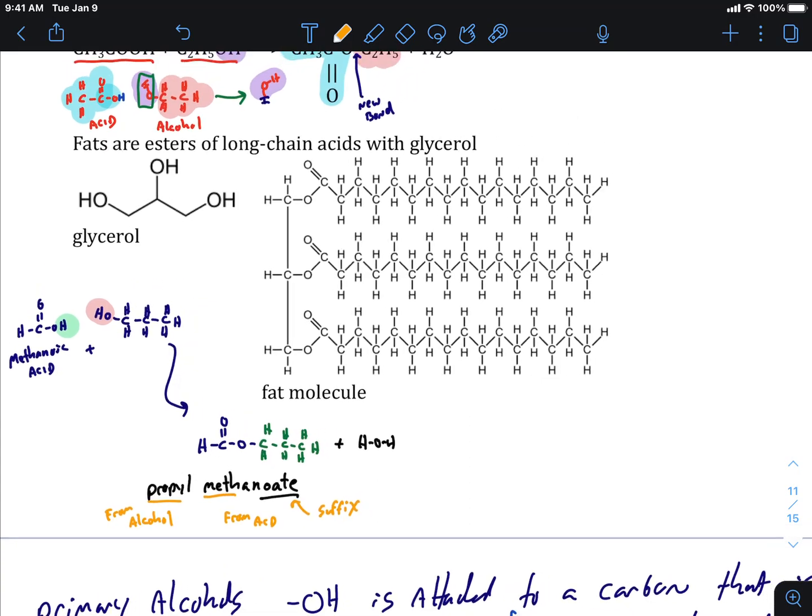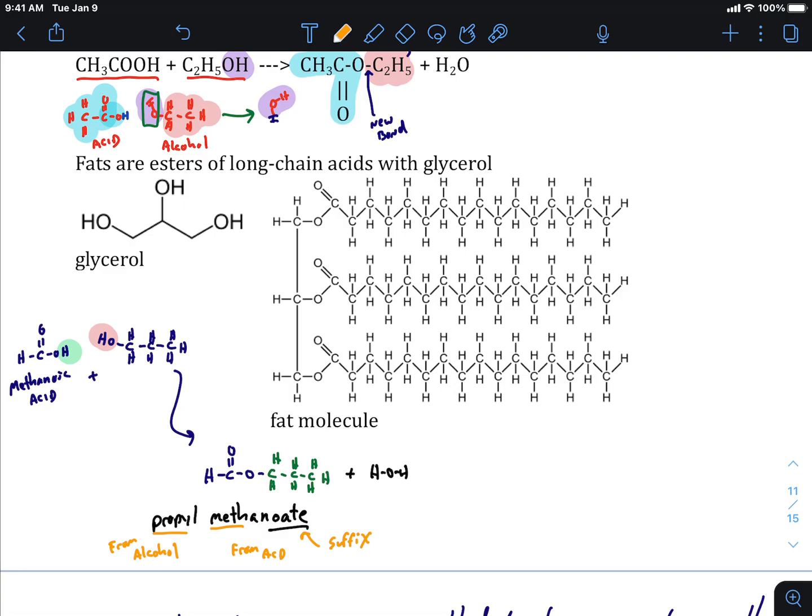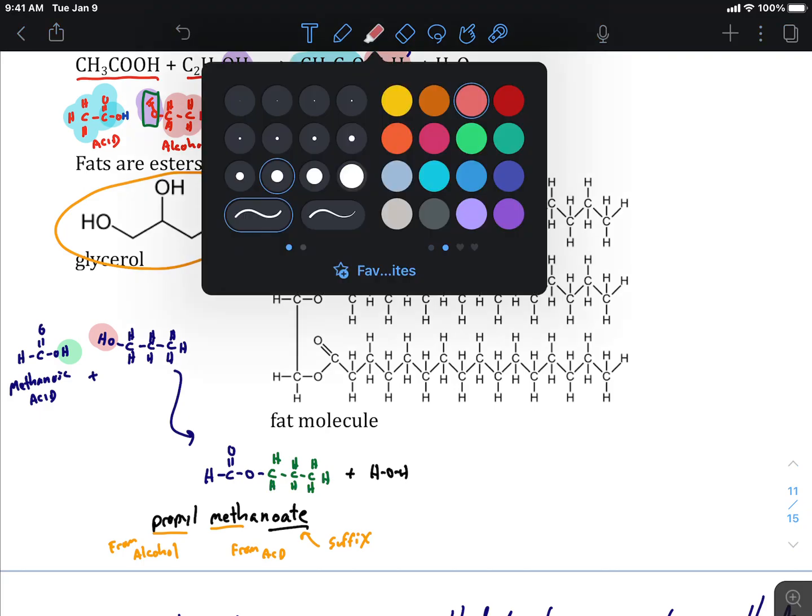Okay, so a fat is a long chain acid with a glycerol molecule. This guy here, this is called glycerol, right? So if you look, essentially what glycerol is, it's got 3 hydroxides, right? It's like a trialcohol. And how could you form a fat from this? Well, if they're all alcohols, that means they can react with acids in esterification processes, right?